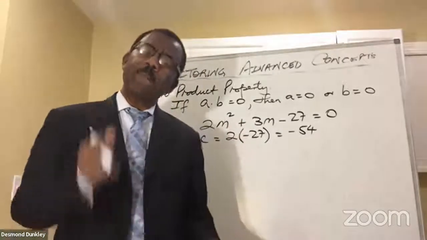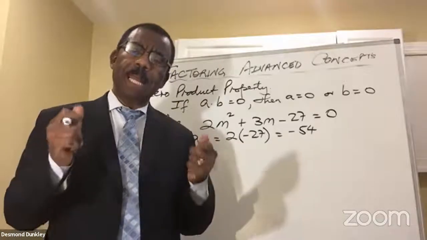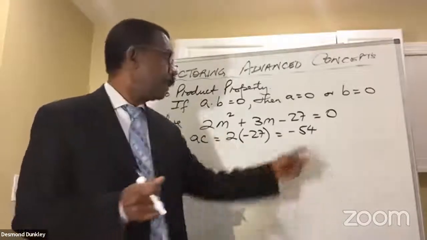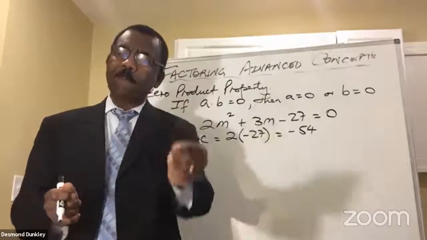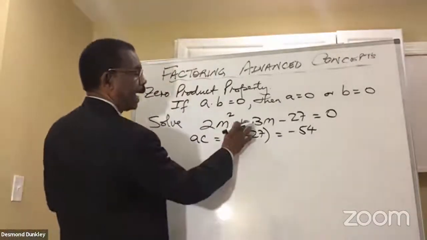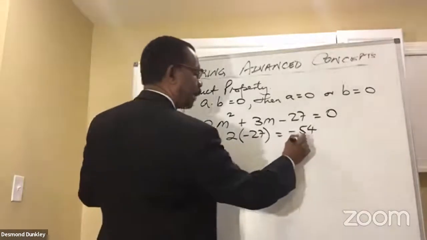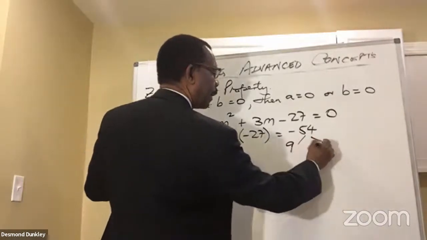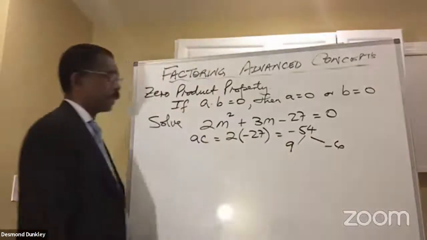Okay, I think of 9 and 6. 9 times 6 is 54. Since it's negative, one is positive, one is negative. So the positive, when you add them, you get positive that. So therefore, I think we're talking about +9 and -6.